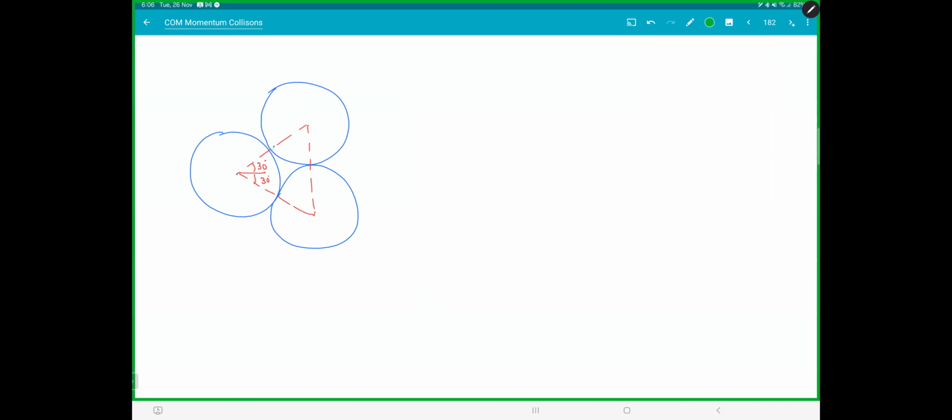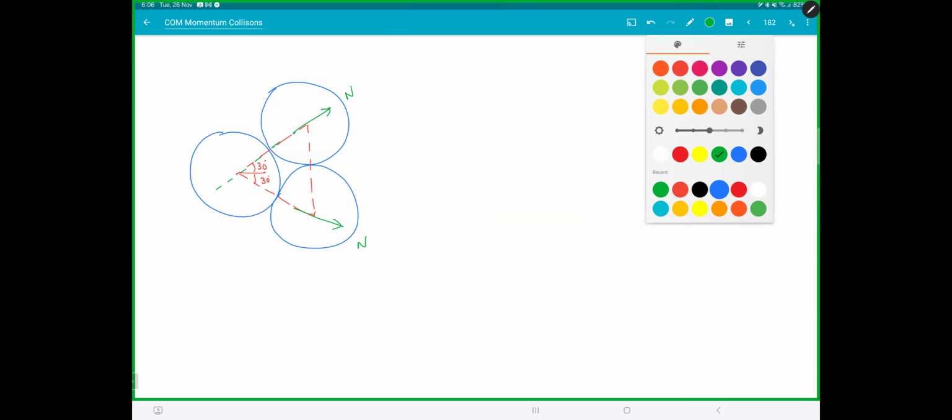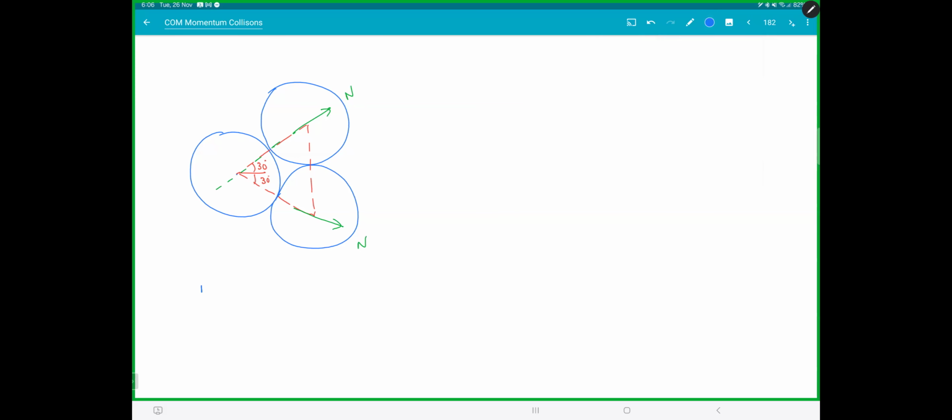Now the force will be along the common normal. So the masses m will gain velocity along the common normal. If you're applying force along the normal, velocity will be along the normal. And by symmetry, this 3m will still go the same way. So this is how the final velocities will look.